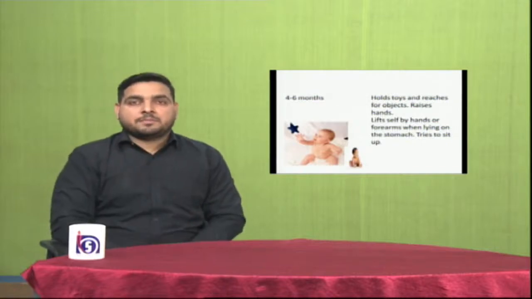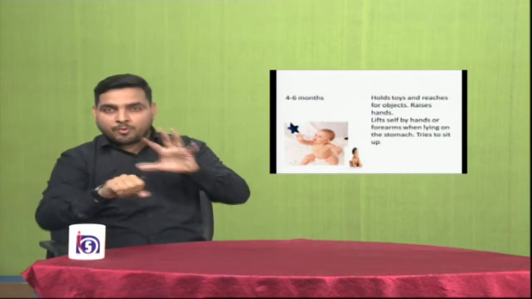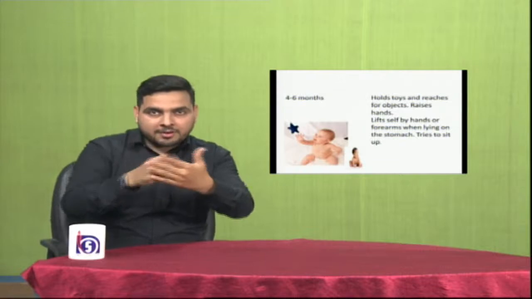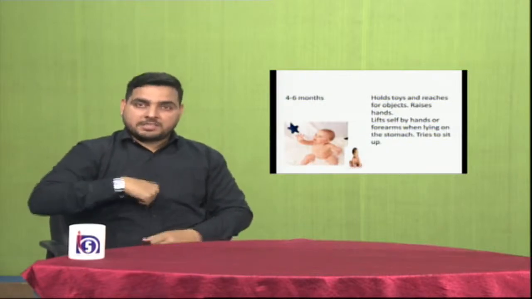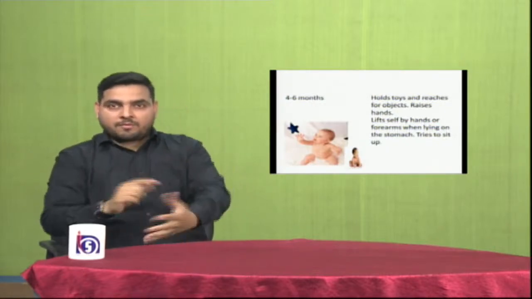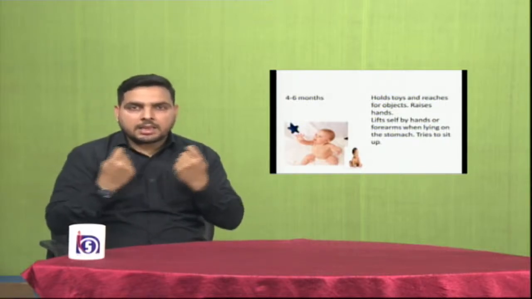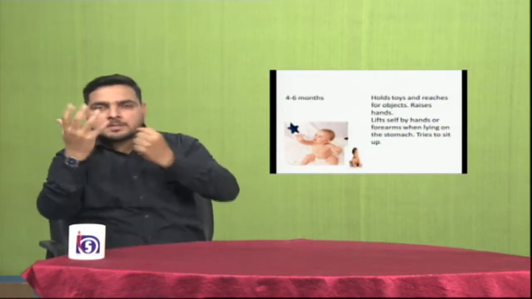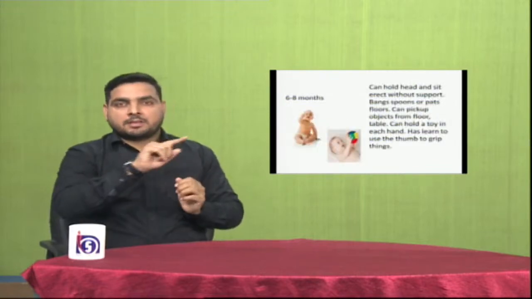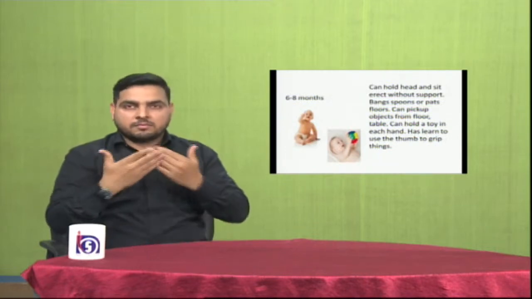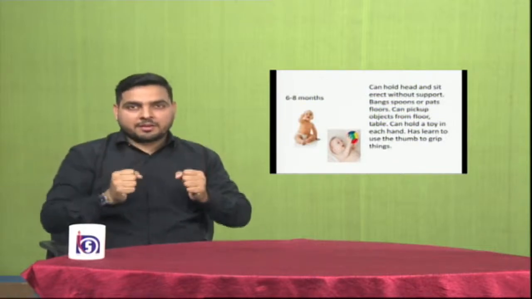Four to 6 months, where the child holds toys and reaches for objects, raises hands, lifts self by hands or forearms when lying on the stomach, tries to sit up. 6 to 8 months, where the baby can hold head and sit erect without support.